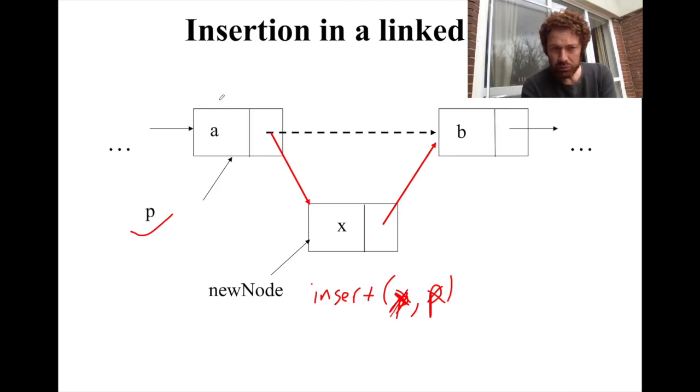So I already have this, p, and p.next is B. This is already an existing linked list, the upper row here. Then when I want to insert x, I will allocate memory in a totally different, totally random location. I put x as the data member of this node, and then I set the next of this node to the next of p.